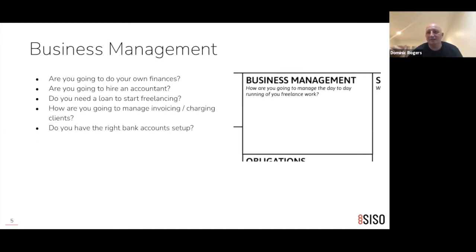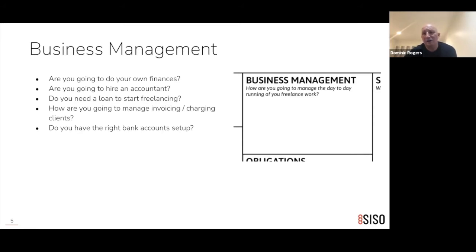Next is around business management. How are you going to do the day-to-day running of your company? Are you going to do your own finances? Do you have the knowledge to do your own finances, or is there an accountancy system that makes it nice and easy for sole traders or small businesses?